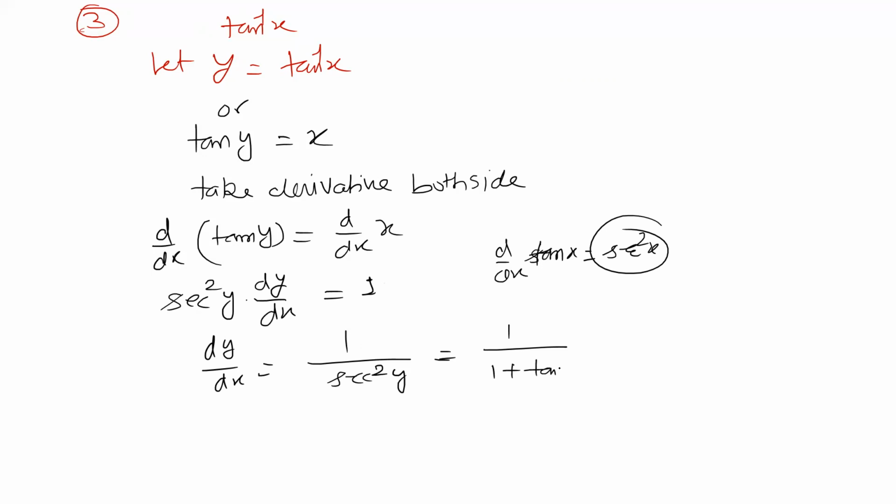You can also write this way, applying the second identity of trigonometry. I think you know this formula. The second identity is sec square theta is equal to 1 plus tan square theta. But here the variable is y, so we say that sec square y is equal to 1 plus tan square y.